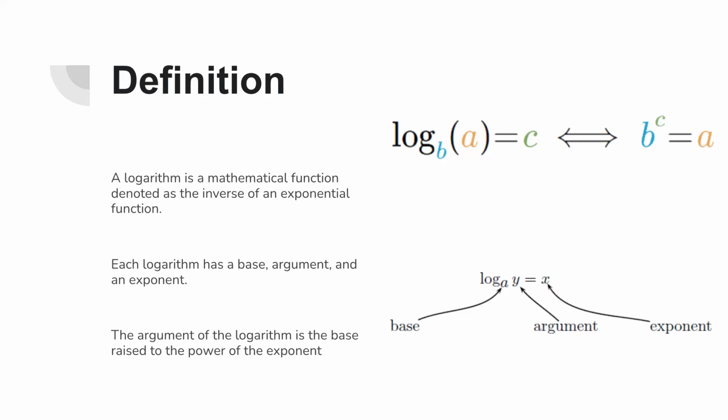So basically, it's to determine how many times a number powered. So we need to remember it uses a log symbol, and the argument is the base raised to the power of the exponent. So we translate to human language as that it is the same as the picture shows on the right.